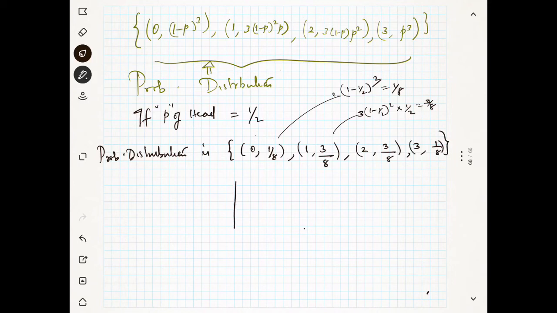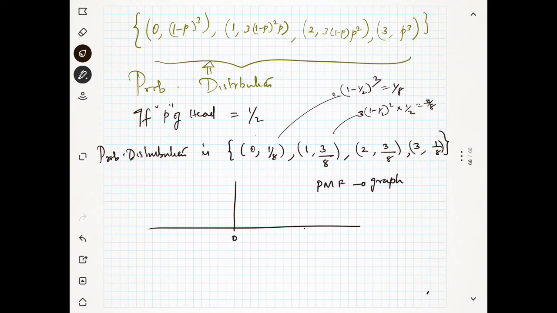We can show it as a graph, a graph of the probability mass function.